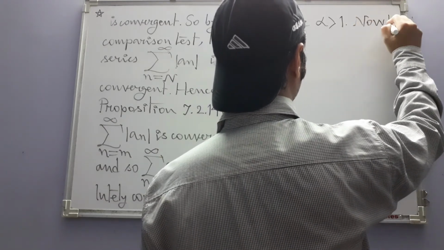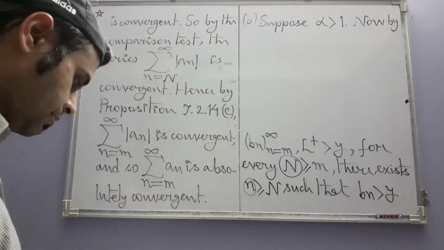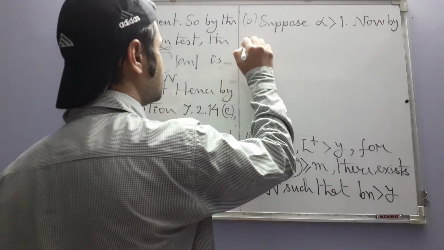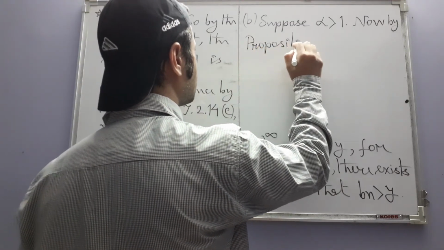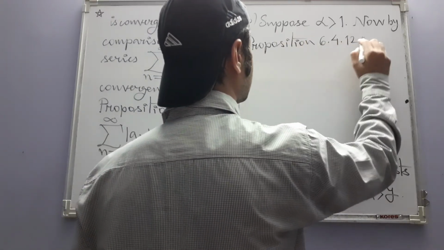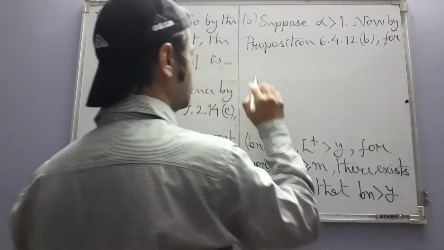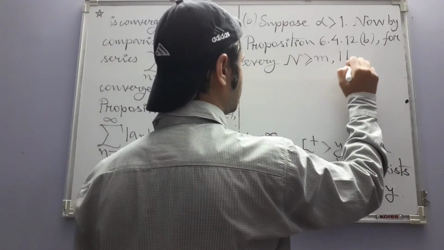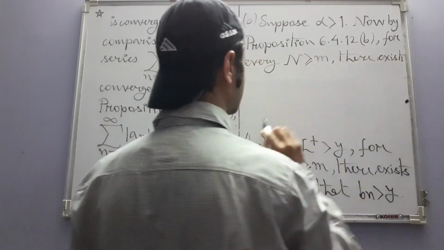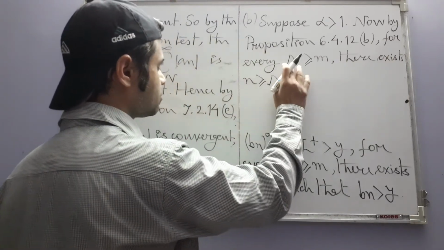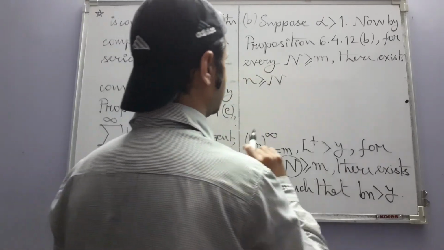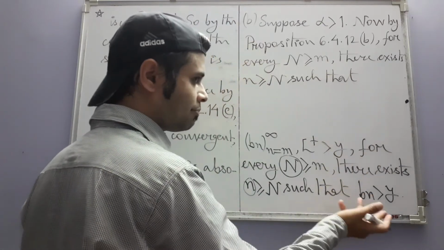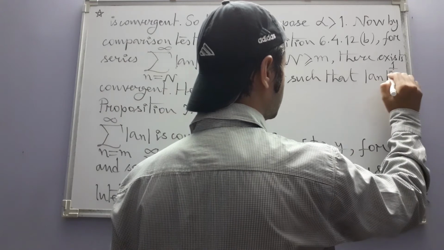Now, by what is the number? Proposition 6.4.12, but now this is not part A, this is part B. For every N greater than or equal to m, there exists n greater than or equal to N, where it is understood that these quantities are integers, such that, but we don't have Bn, instead we have these nth roots.